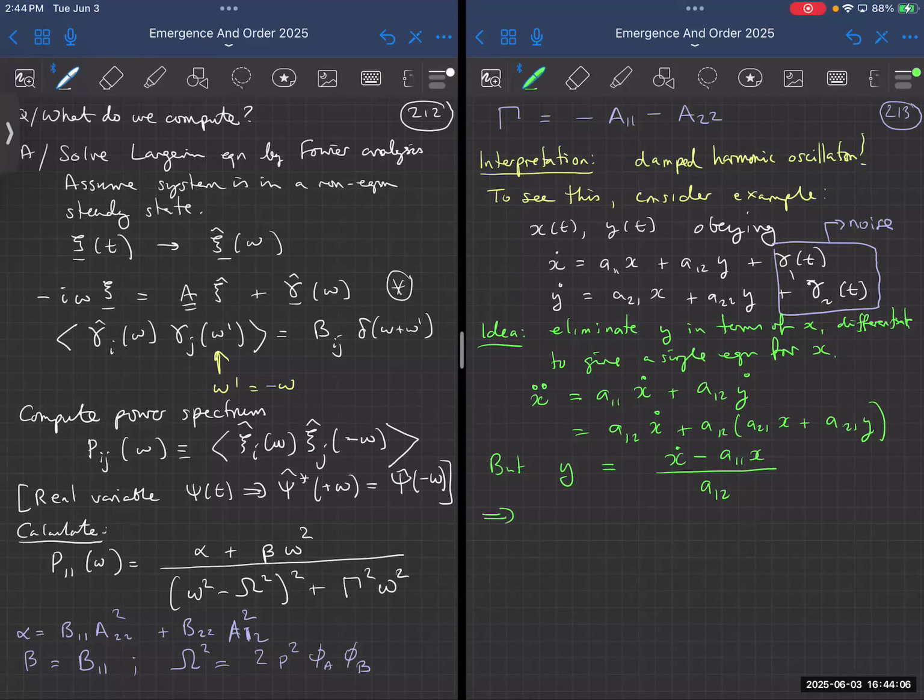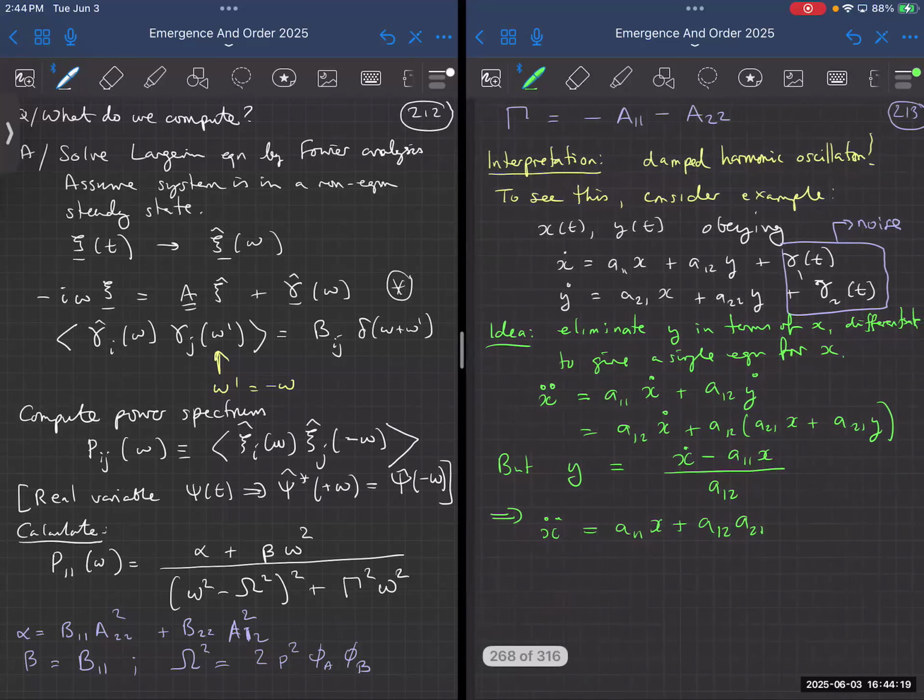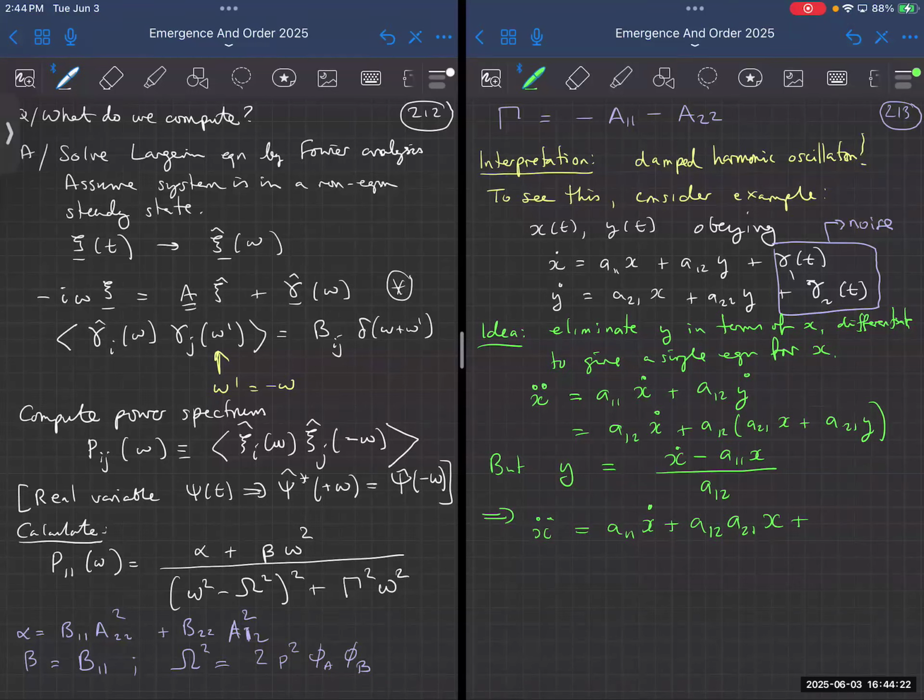And so that means I can write this whole thing as x double dot equal to a11 x dot plus a12 a21 x plus a22 times x dot minus a11 x. And so in other words, what I end up with is x double dot plus x dot times minus a11 minus a22 plus x times a11 a22 minus a12 a21 is equal to 0. And so this is a damped harmonic oscillator.